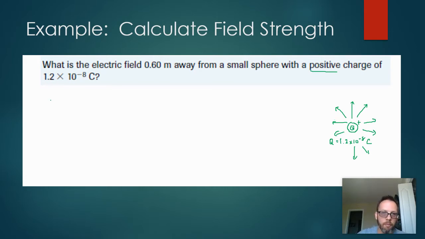So let's do it. So what's the electric field? E equals K Q over R squared, which equals 9 times 10 to the 9, times the charge setting up the field, 1.2 times 10 to the minus 8, all divided by 0.6 squared.